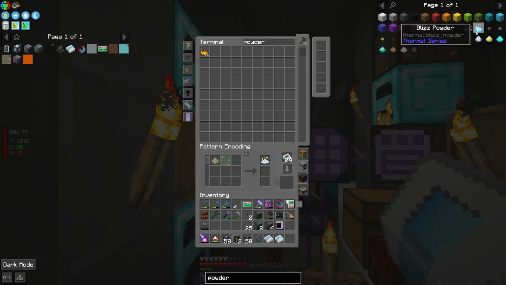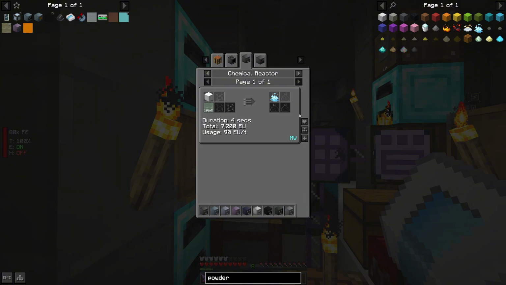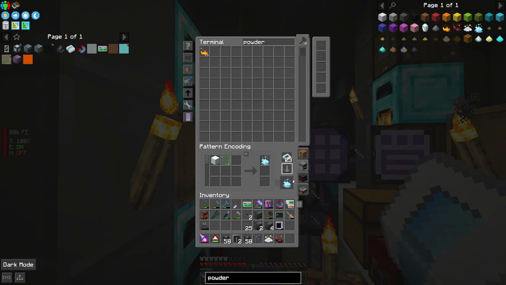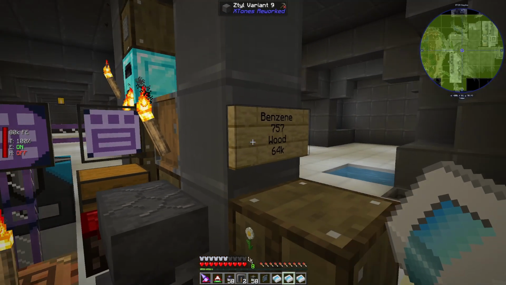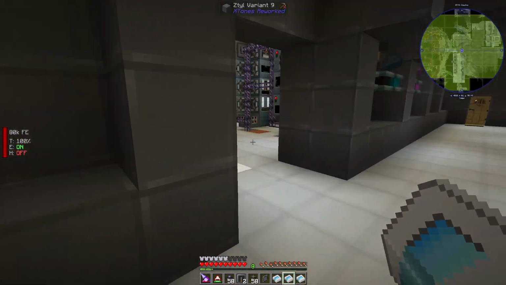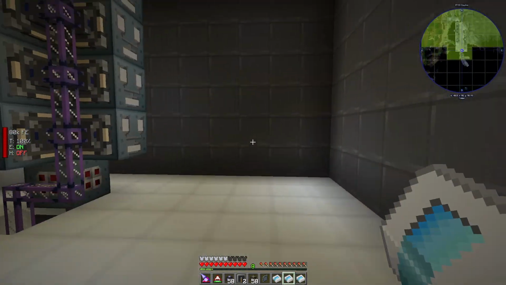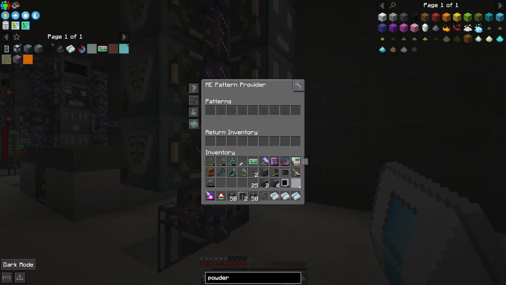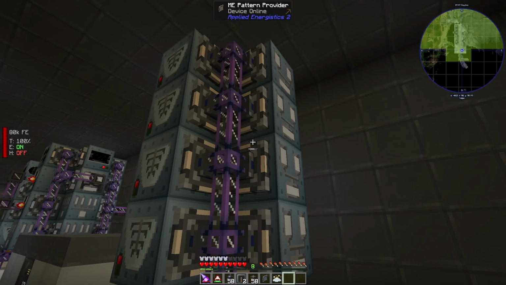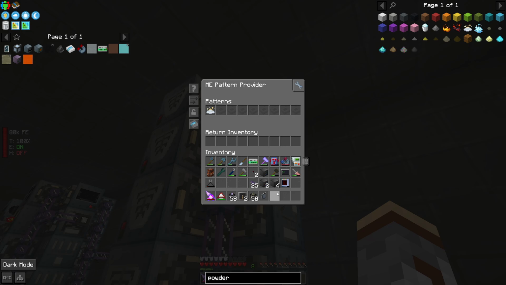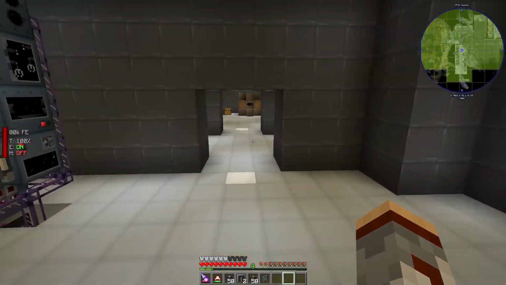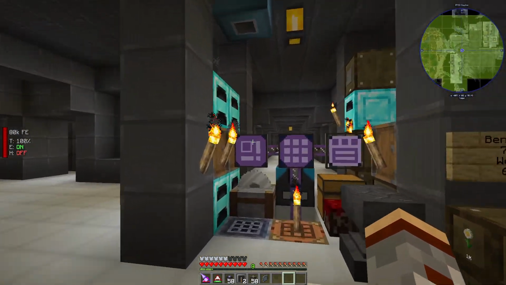I might set it up later where we use an LCR to do all this, but we'll have to see. Okay, so one there, and one there. Okay, so back over here.